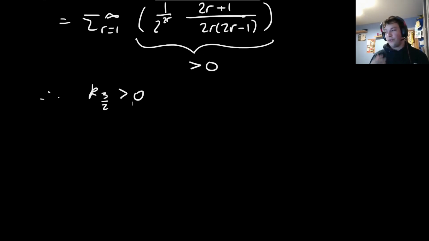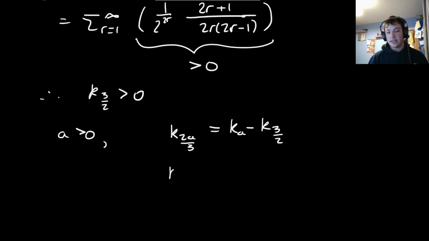That's all that we really need, because then it tells us that if A is greater than 0, then K2A over 3 is going to be Ka minus K3 over 2, and K3A over 2 is Ka plus K3 over 2.